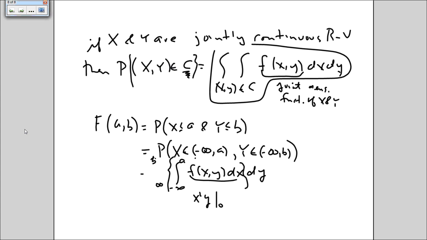And then you go from 0 to a. So you're going to get a squared y. And now you integrate this with respect to y. And you get a squared y squared over 2. And say it goes from 0 to b. So you get a squared b squared over 2. That is, you get a function of a and b.